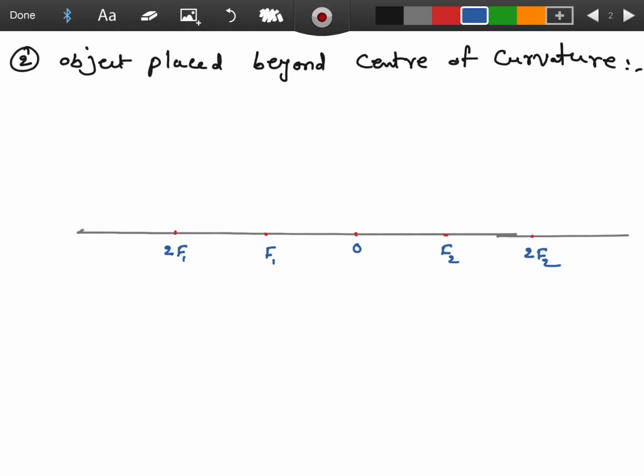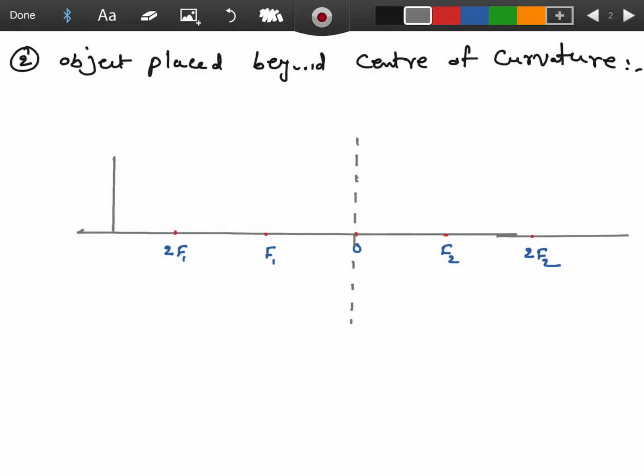Now at the optic center you take just the aperture. I'll take the aperture like this. Now object placed beyond center of curvature, somewhere here. Usually I will take around 2 centimeter, or 2.5 centimeter as my object height.